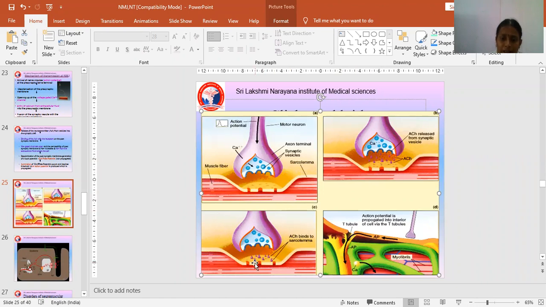The acetylcholine binds with the ligand-gated receptors, opening the sodium channels. Sodium ions enter and produce the local end plate potential. When it reaches the threshold level, an action potential is produced, which is propagated and finally leads to muscle contraction.